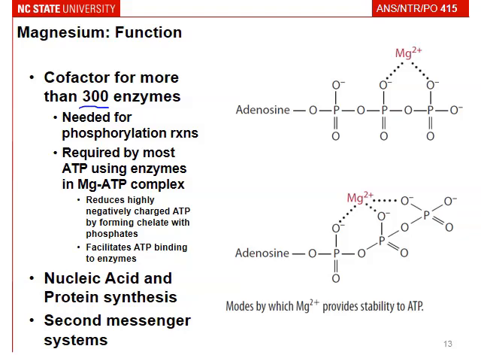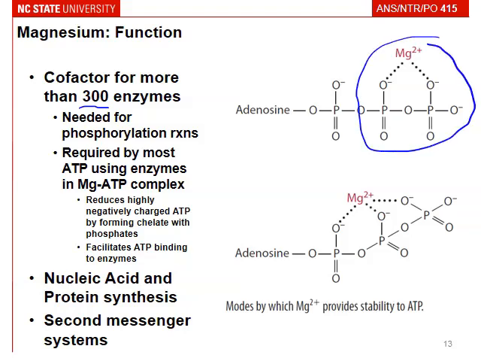So it is needed for phosphorylation reactions. If you don't have magnesium, we're not going to be able to have these phosphorylation reactions occur. So why is that? That occurs because we need the magnesium here. So here we have our ATP. You can see our magnesium is stabilizing these phosphates.